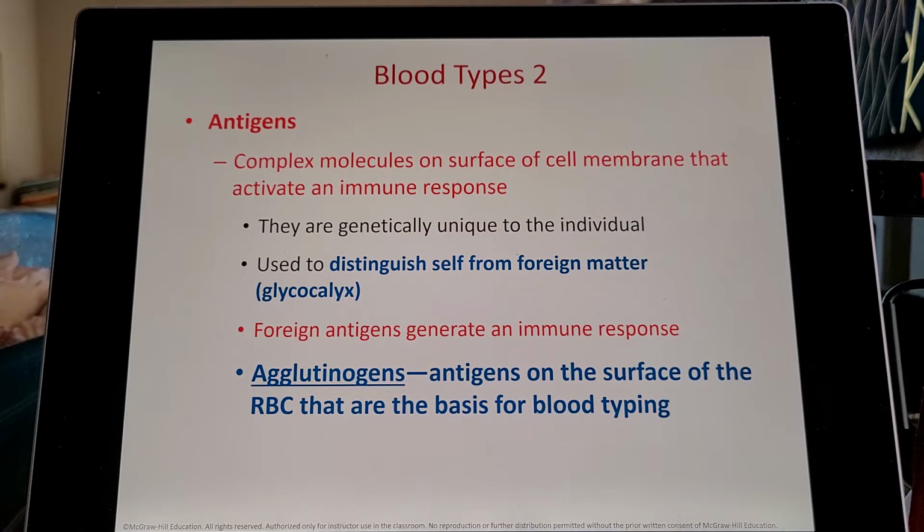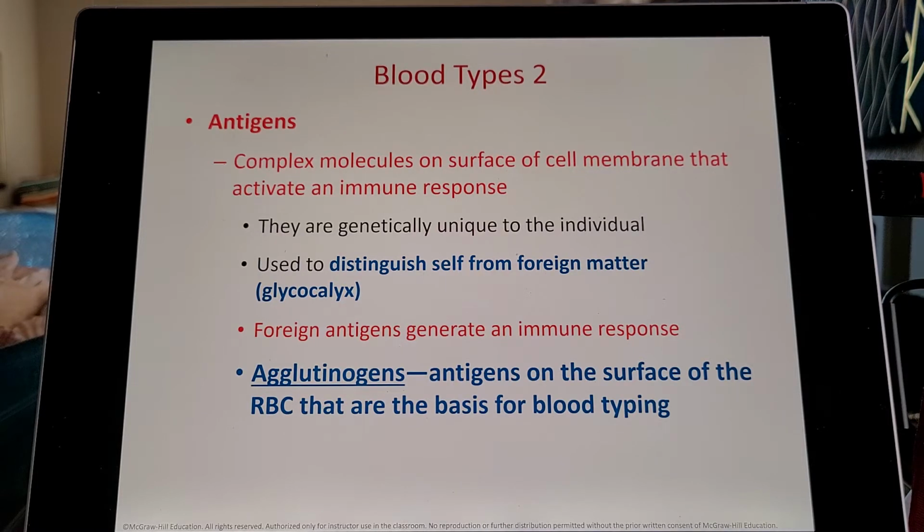So this is what we use for our blood typing, because when those cell surface markers react to antibodies that we can place in the sample, then we know what blood type it is. So that's what they're doing. If you ever give blood, they're going to test for your blood type so they know which type it is, so they can mark it down so they know who to give it to.